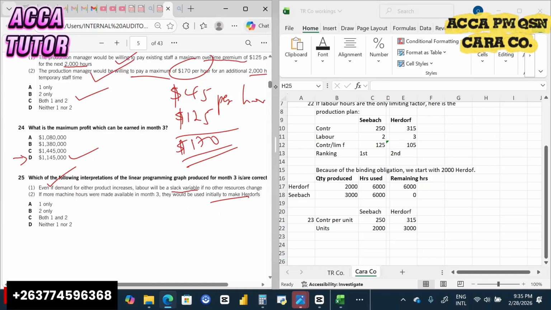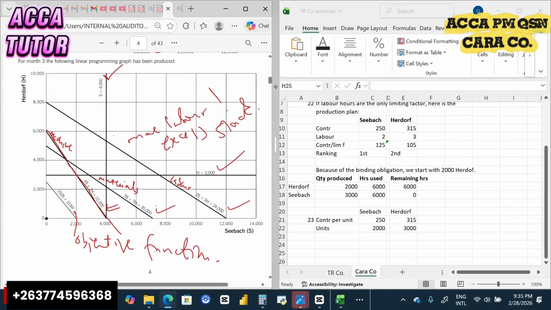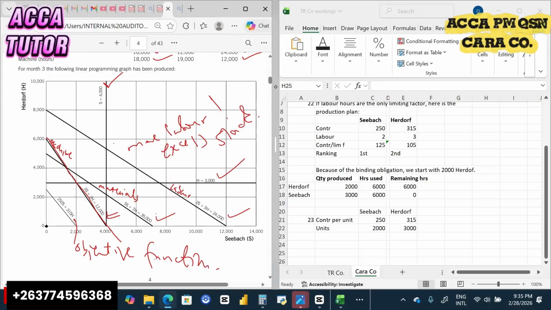Is that possible? For head-offs, remember I told you that this is the demand for head-offs. And it is on the edge of the feasible region again, just like machine hours, which means that the demand has been exhausted.